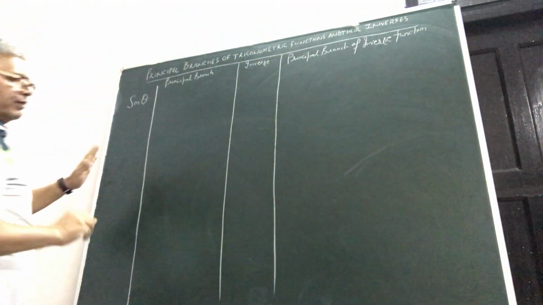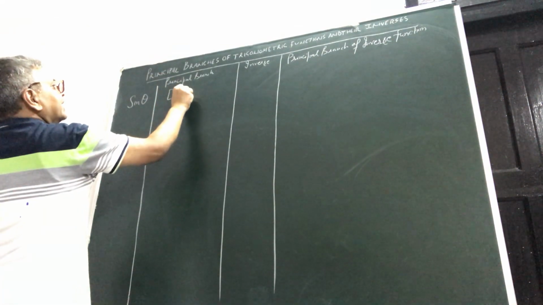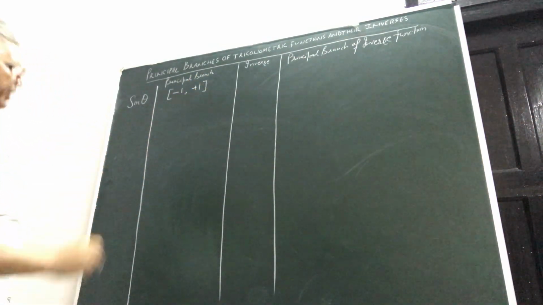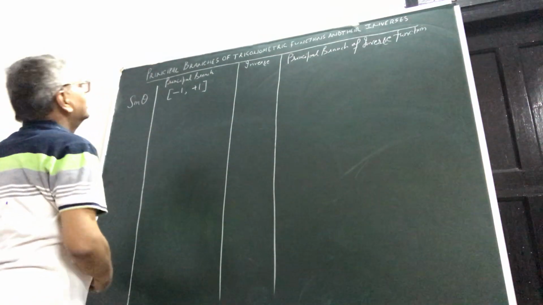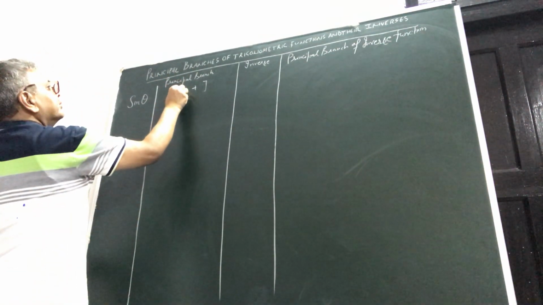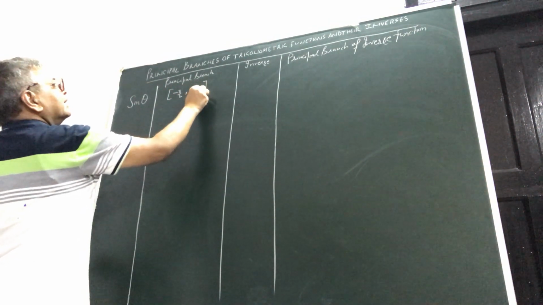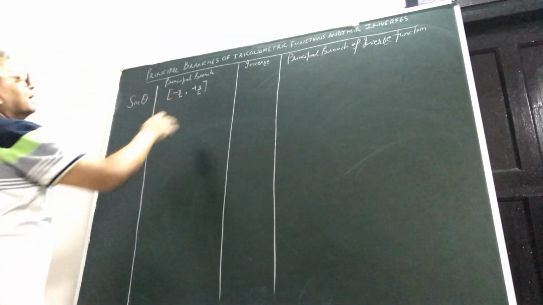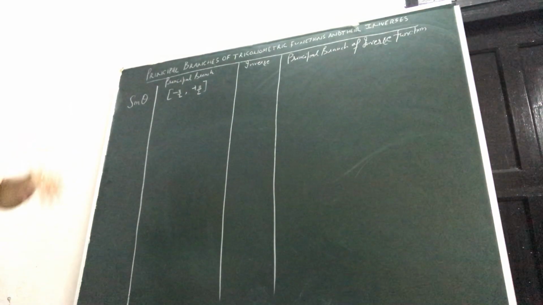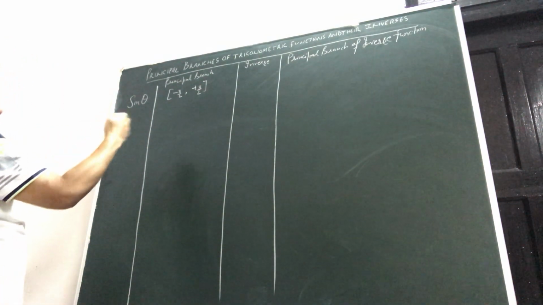So sine theta, very easy. You know its principal branch is what? Closed interval, sorry, minus pi by 2 to plus pi by 2, minus pi by 2 to pi by 2, and it is the principal branch. And in this principal branch, I will just write beneath it also how the values go.